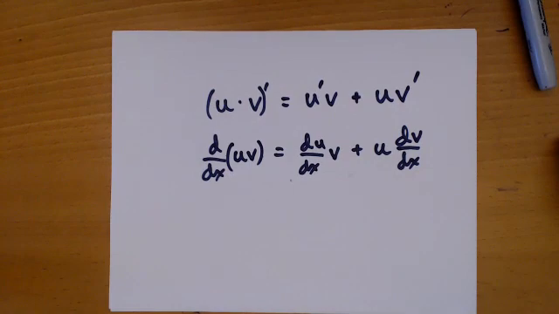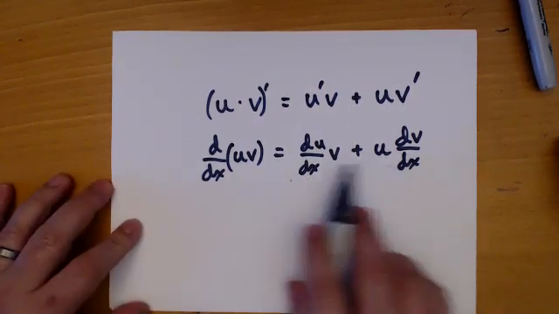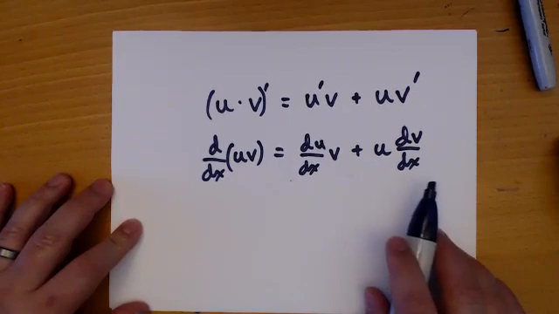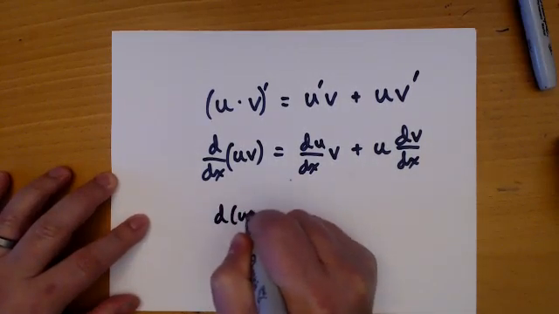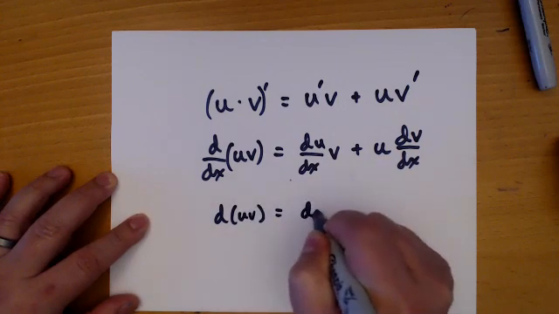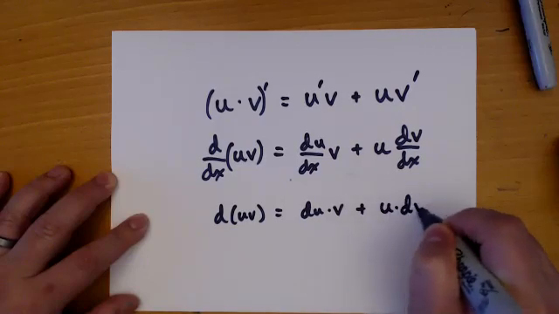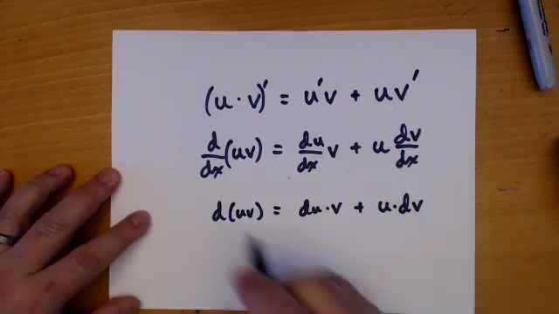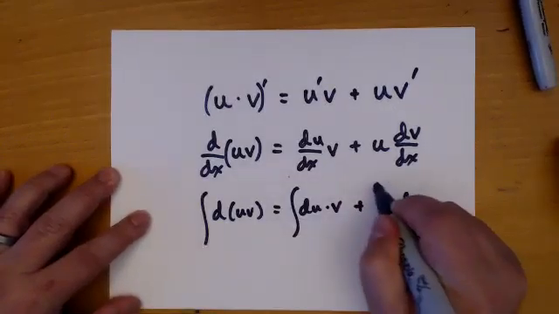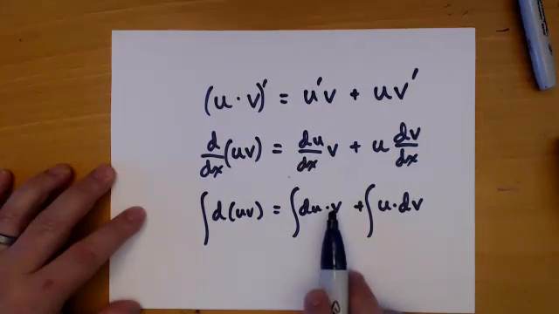Okay, so what happens now is actually really cool. This incremental step of dx is everywhere, so I'm just going to go ahead and get rid of it. And now I'm going to integrate all three because they all contain a d of something, right?